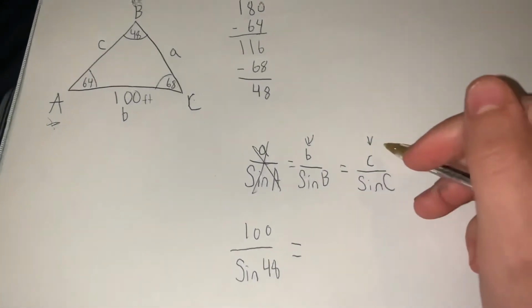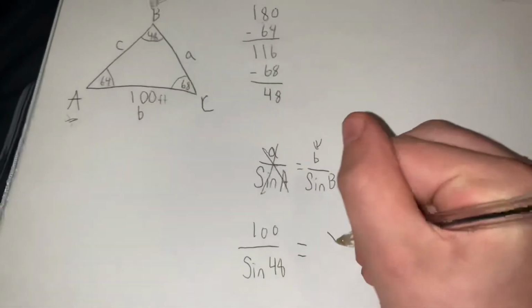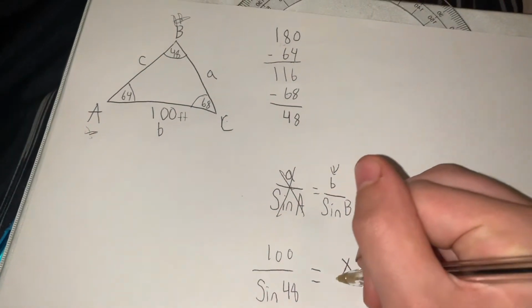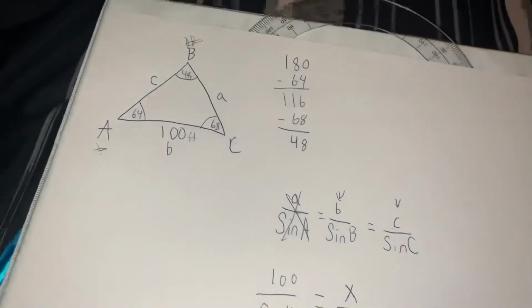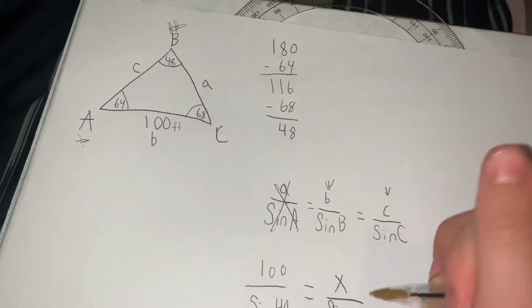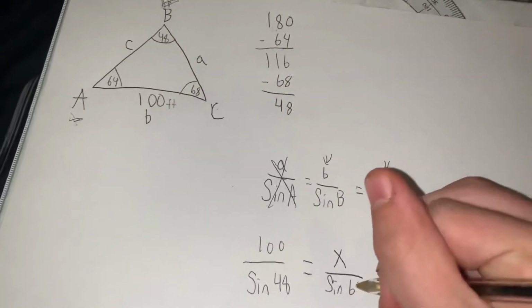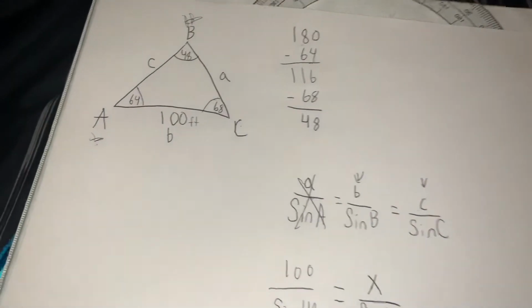Now, c, we're trying to figure out, we can just change that to an x, because that's going to be our end variable that we need to solve for. And sin 68, which is the angle that we found over here after we took our steps.